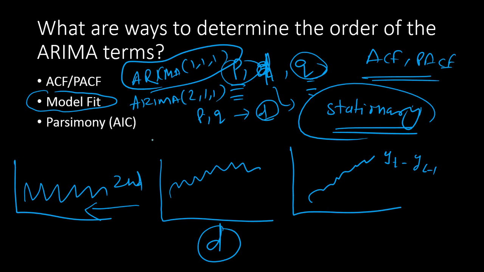Sometimes you will see that the accuracy of prediction for ARIMA 211 is better than ARIMA 111. From the standard way of finding the order of ARIMA, we found the first one, but the second one is giving better prediction.